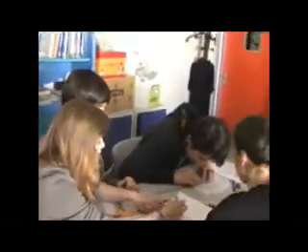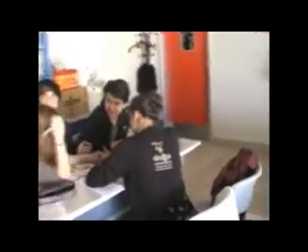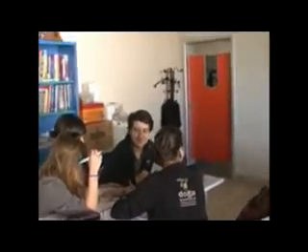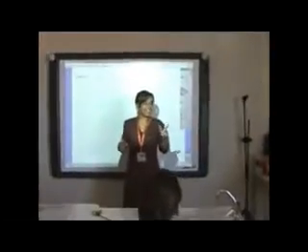You have to measure it first. Group 1, what's the length of your lentil? 4 millimeters and 5 millimeters.